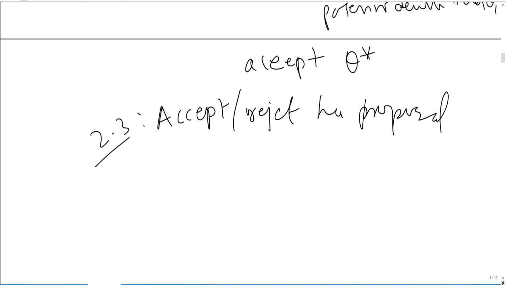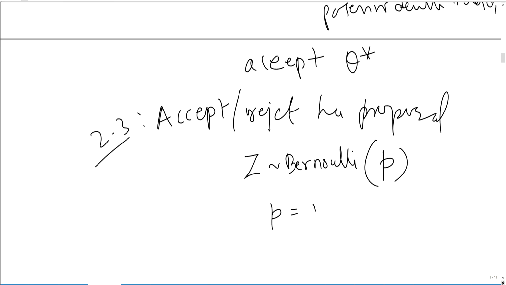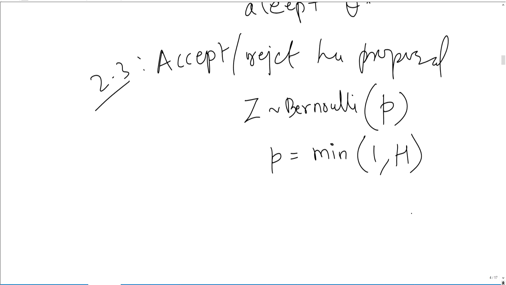What you can do is this, let us say we generate a value of a variable z from a Bernoulli distribution, okay, with parameter, let us say p, okay, where p is equal to minimum of 1 and h.